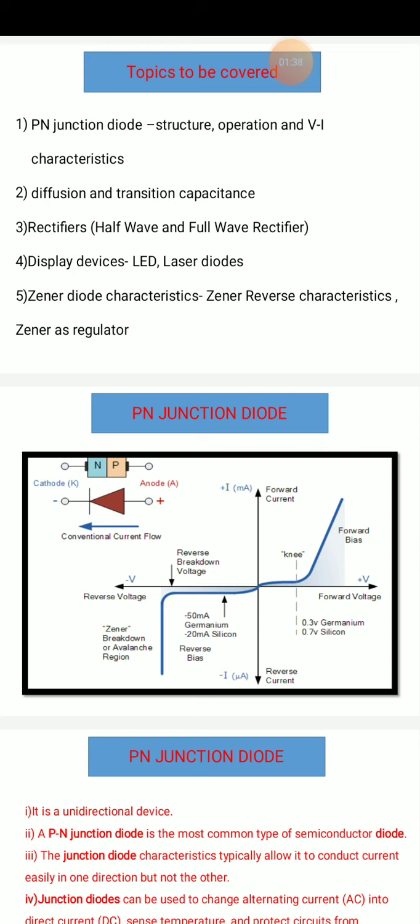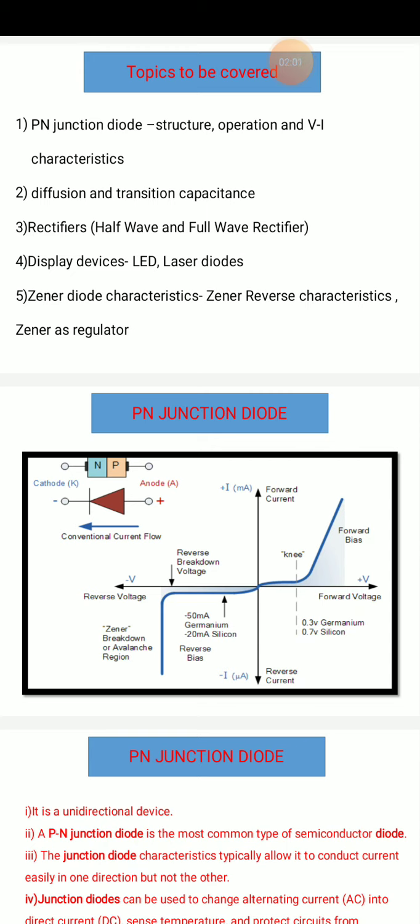The fifth topic is Zener diode characteristics, Zener reverse characteristics and the Zener as a regulator. So we subdivided the topics of unit number 1 into 5 subdivisions, and we will discuss them one by one.